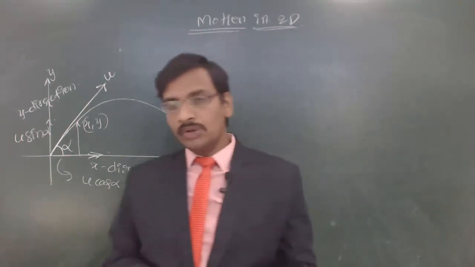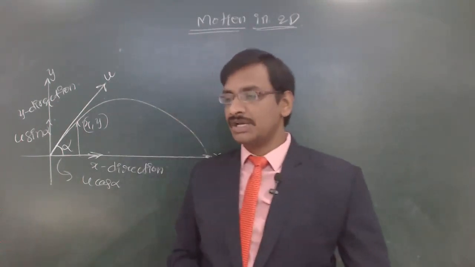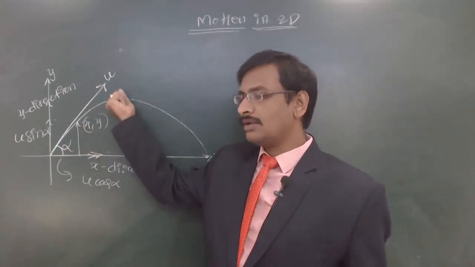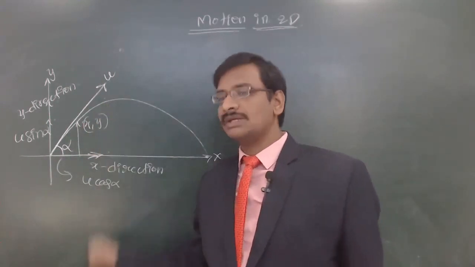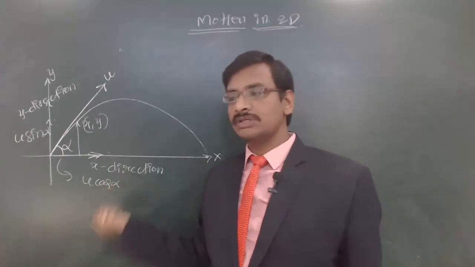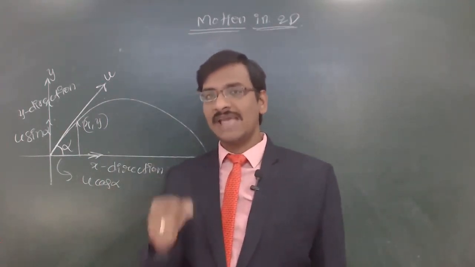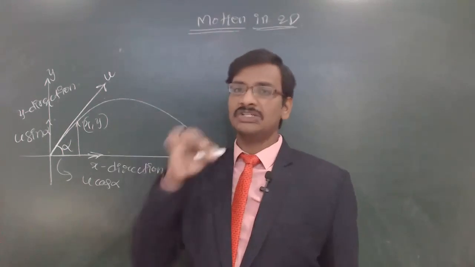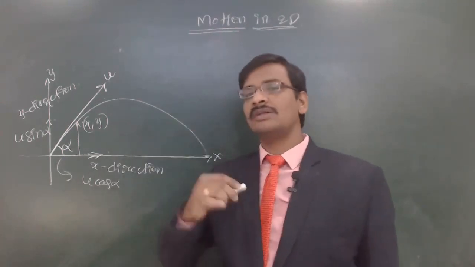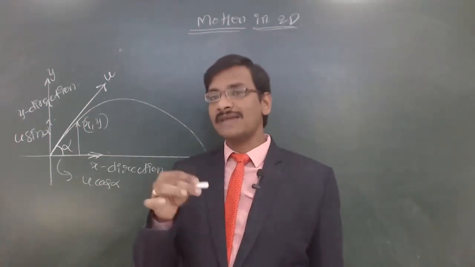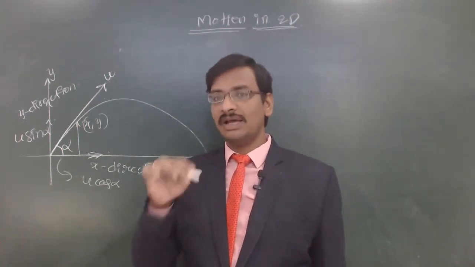Now both are associated with certain acceleration as well. This is a projectile, so the particle is always dragged towards the ground because of the attraction towards the ground, which we call the acceleration due to gravity. Suppose I leave this chalk piece, it automatically goes and falls down on the ground. How did it get that velocity? Because of the acceleration given by the earth.